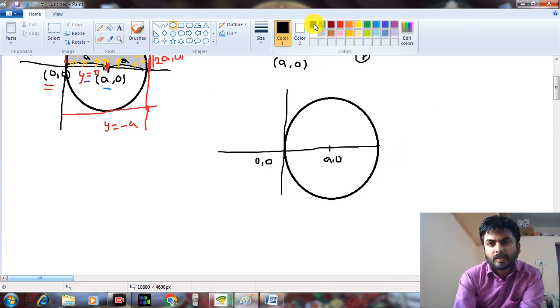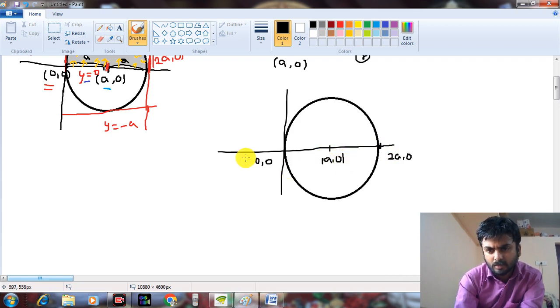In this equation we have the points. This point will be 2a comma 0, center is a comma 0, and this is the origin 0 comma 0.